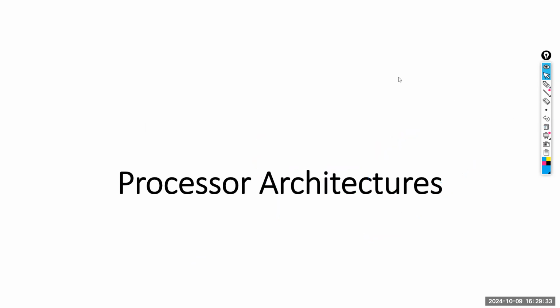Right. So now we move on to processor architecture. Anyway, processor architecture is a very advanced topic, but in your A-level ICT, we just touch it. We don't go into details because it's beyond your syllabus. So at very high level, we look at the computer architecture or the processor architecture.